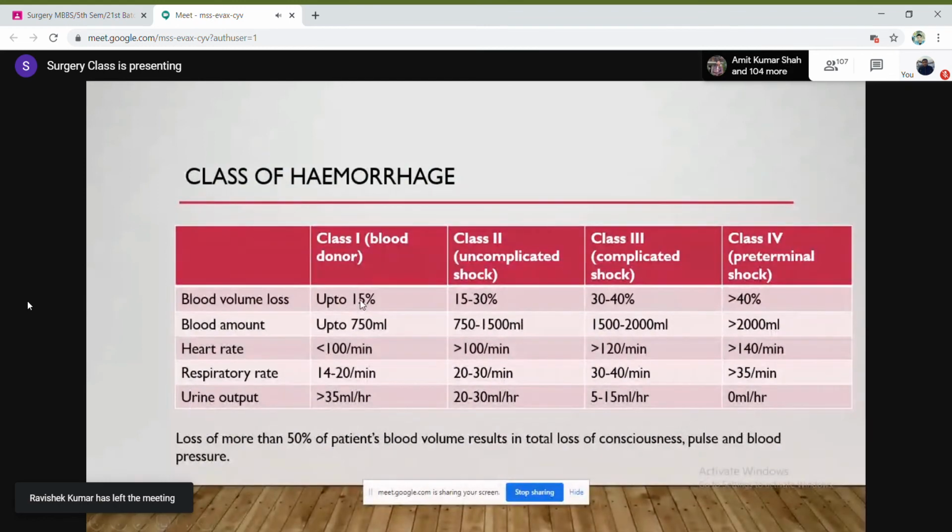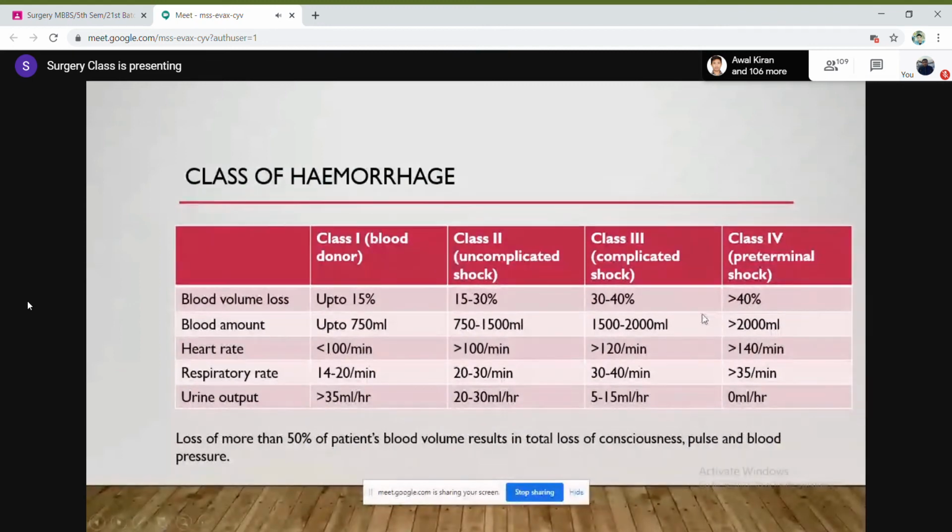In class 2 uncomplicated shock, there is 15 to 30% blood loss. In class 3, complicated shock, there is blood loss between 30 to 40%. And in pre-terminal shock, class 4, you have more than 40% blood volume loss.